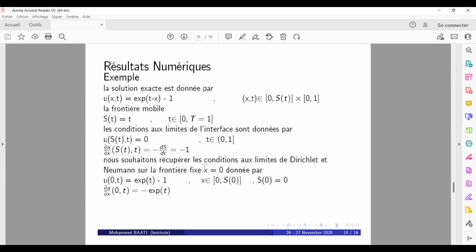Nous souhaitons récupérer les conditions aux limites de Dirichlet et de Neumann sur la frontière fixe. On sait la condition initiale, on a la solution exacte, on peut la déterminer par la solution exacte et aussi par la méthode des solutions fondamentales.